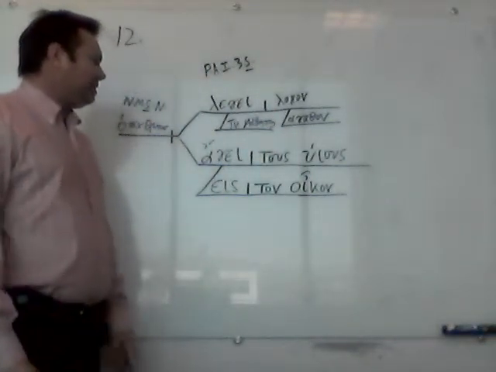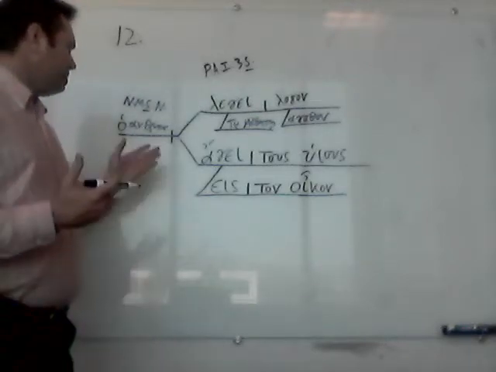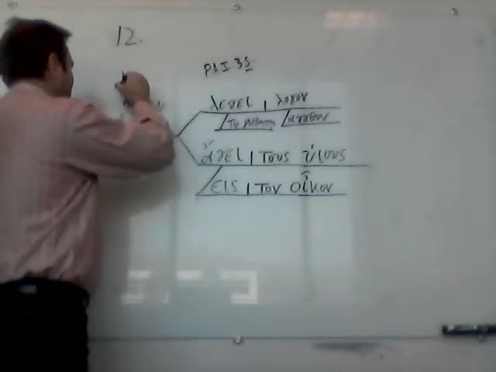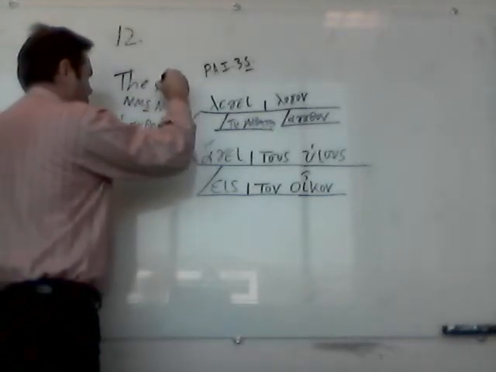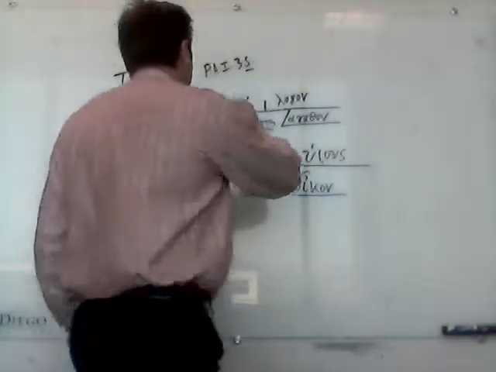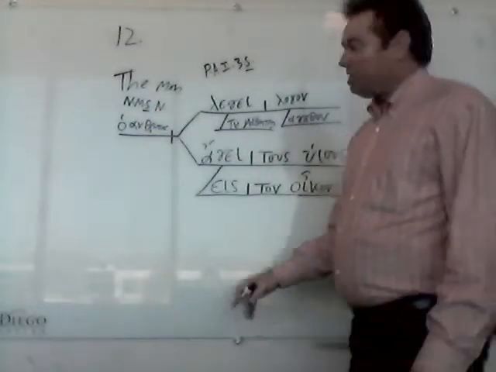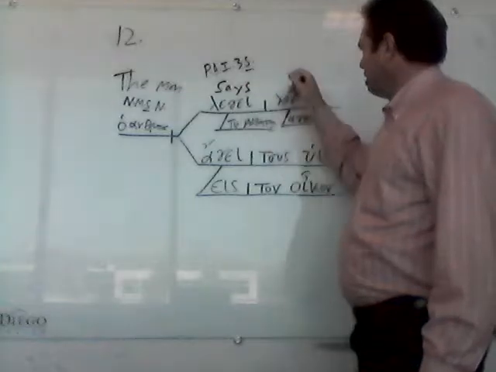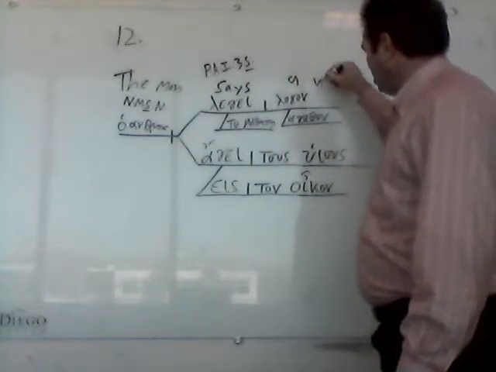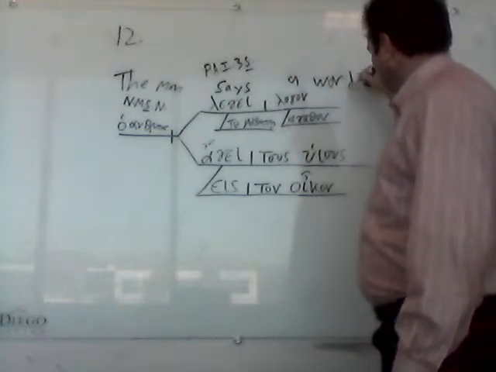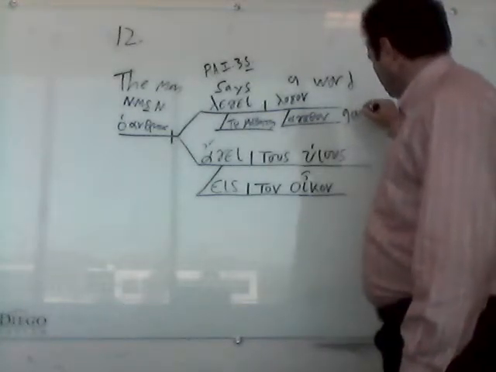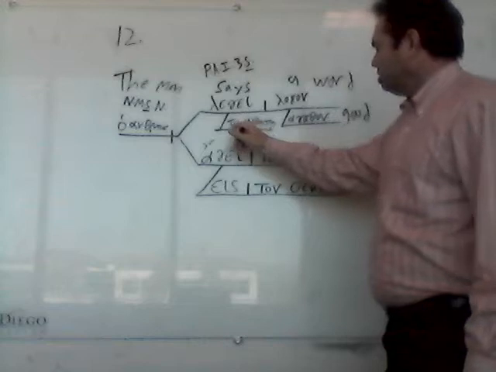Ho anthropos legei means the man speaks. The man. I'm going to even, instead of speaks, say says. A word. What kind of word? A good word.